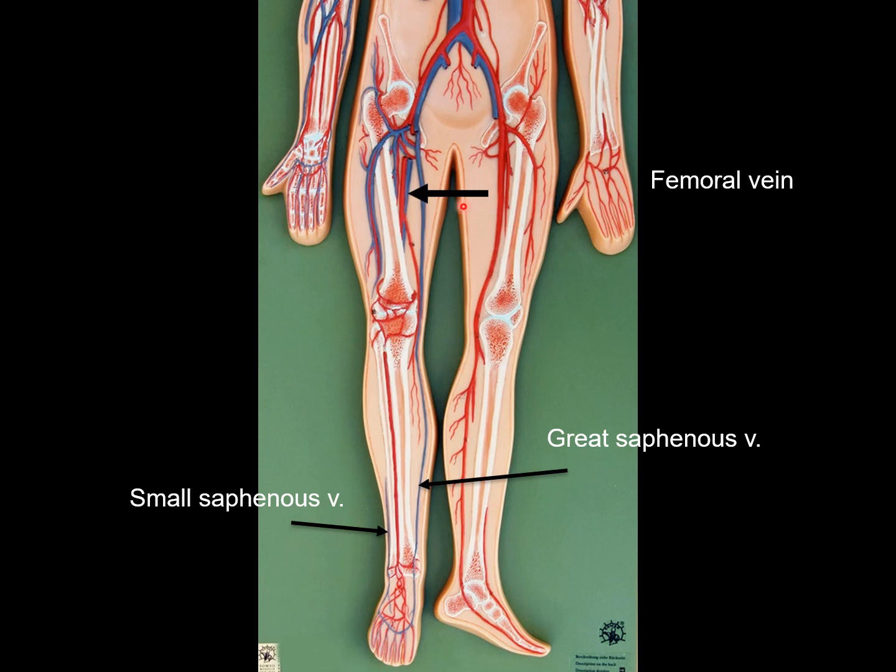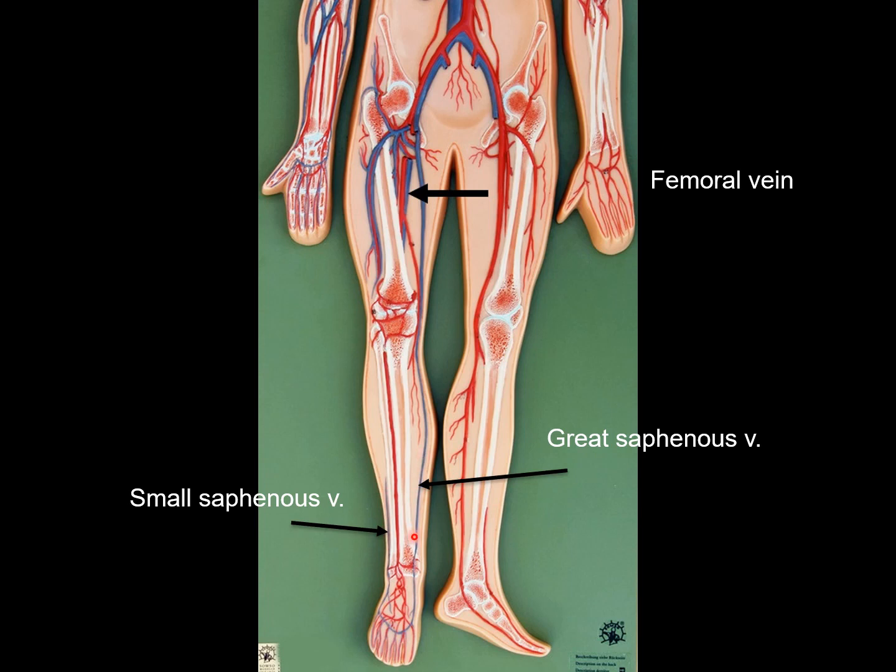So our femoral vein is going to run with the femoral arteries. You can see those two together right here. Okay, so that is the femoral artery and femoral vein. Now the saphenous, don't worry as much about the small saphenous. It's on that lateral aspect of the leg, and it's going to turn into the great saphenous.